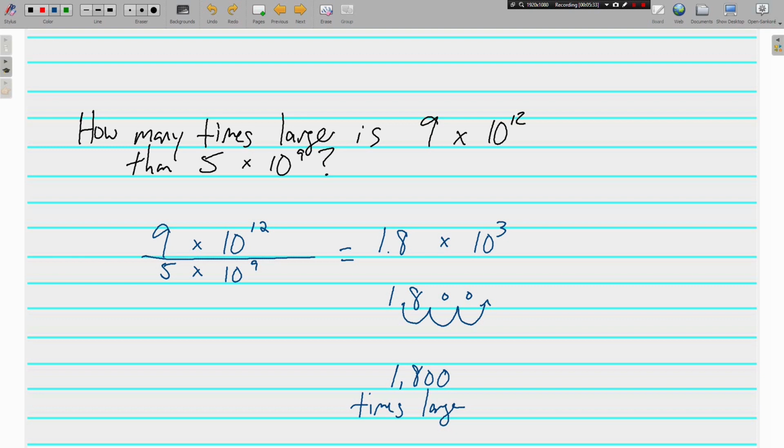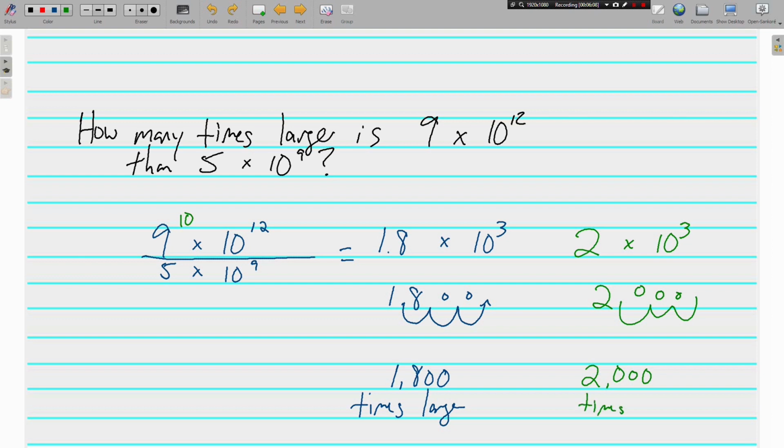But you know, I don't think I'd have a problem if instead of 9, you just went off of 10, kind of rounded up to a prettier number. 10 divided by 5 is 2, and you're still going to have 10 to the third. The powers of 10 haven't changed at all. 2 times 10 to the third, 1, 2, 3, gives us a nice pretty 2,000 times larger.